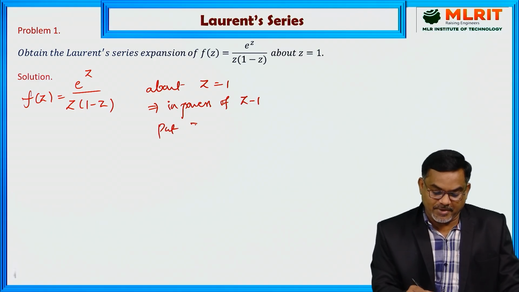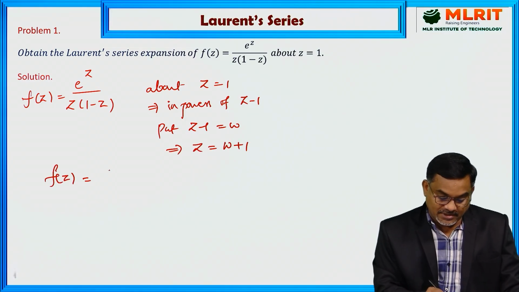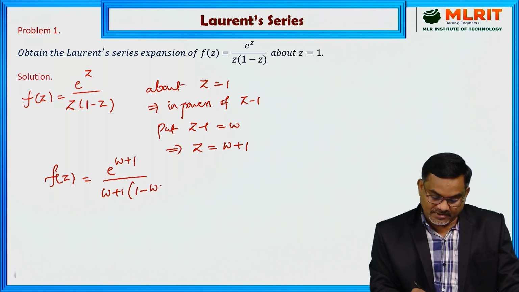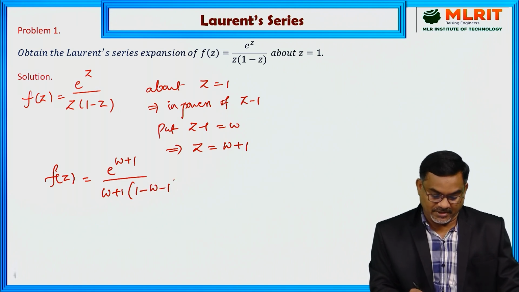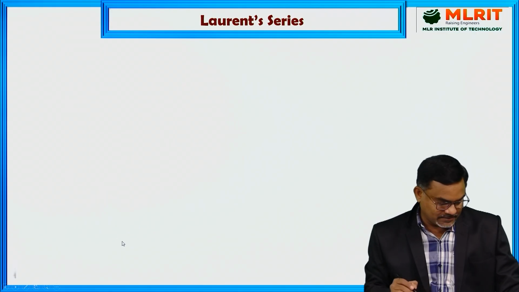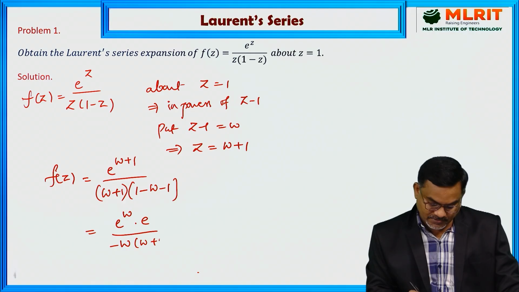So, put z minus 1 equal to w. That implies z is w plus 1. Then f of z becomes e power z, that is w plus 1, by z, that is w plus 1, into 1 minus z, that is minus w. So, by simplifying this, e power w into e by w plus 1, here minus w into w plus 1.